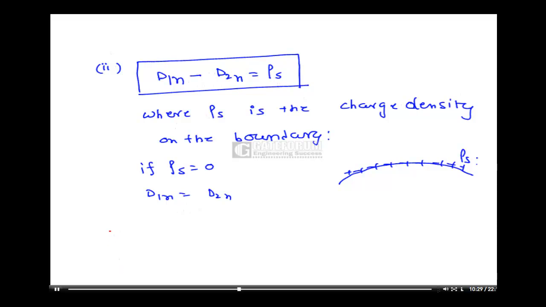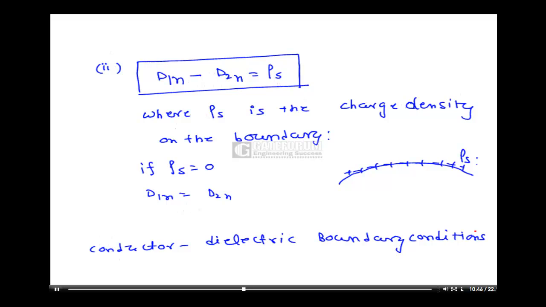Suppose conductor-dielectric boundary condition. Conductor dielectric boundary conditions.